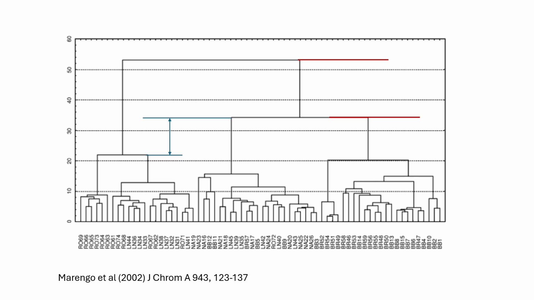A horizontal cut is then made within this gap, and the number of branches it intersects determines the number of clusters. This is a heuristic approach rather than a definitive rule. In this example, the largest gap is highlighted by the red arrow, and a cut within this region produces two clusters.